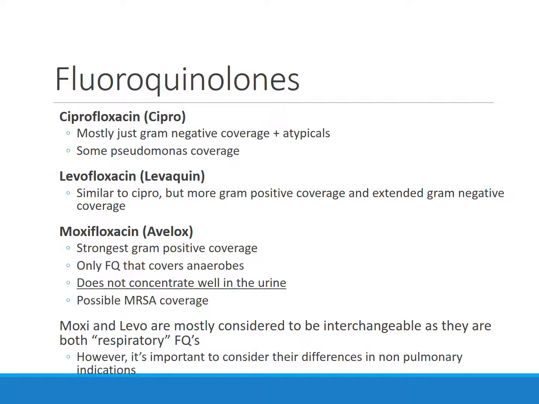So where Cipro and Levo could be used for UTIs or pyelonephritis type situations, Moxi should not be used for that. But Moxi and Levo are both considered interchangeable when it comes to respiratory infections. So when you're treating community-acquired pneumonia, Levaquin and Moxi are both good monotherapy options, but in non-pulmonary infections, you'd want to consider their differences.